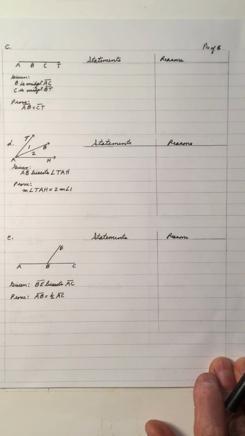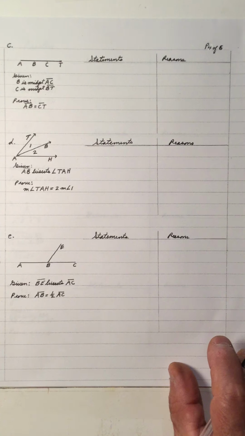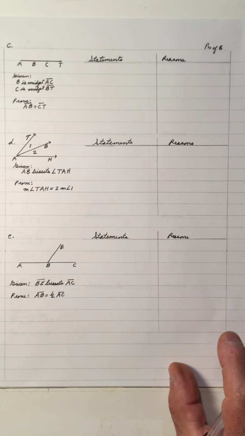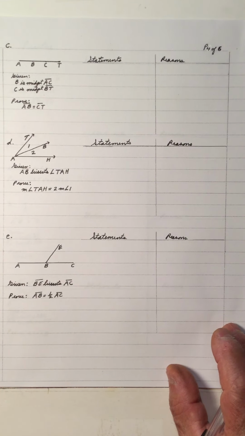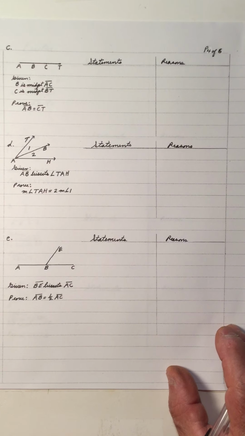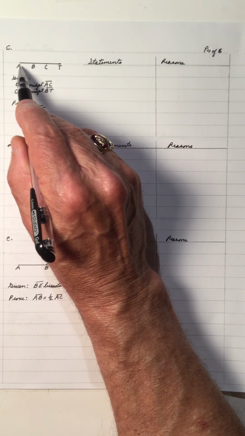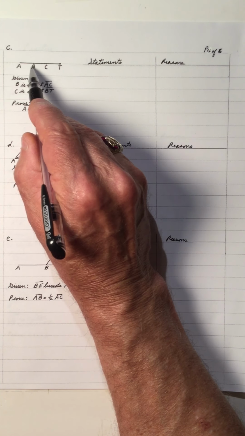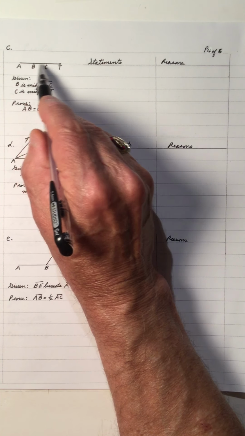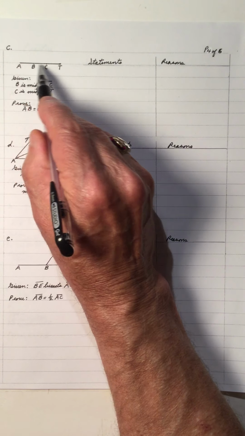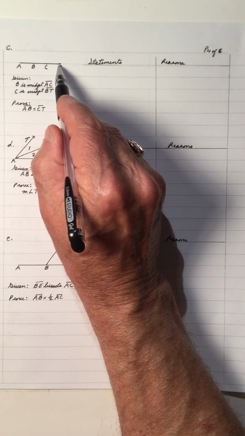Okay, let's do some more. Here we go. And C, we have A, B, C, T, all lying on the same segment, AT.